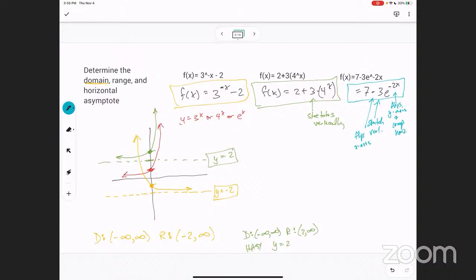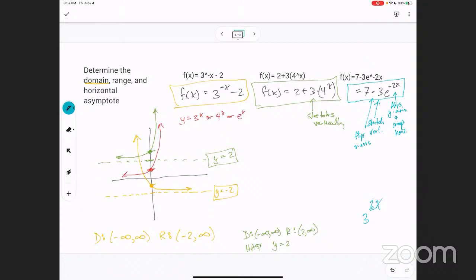Or? Compression horizontally is the same as stretching vertically. I actually prefer just to think of it as vertically speaking. It's a vertical stretch. It's basically it's stretched even more vertically. Think about if you have 3 to the x, and if you multiplied that by 2.